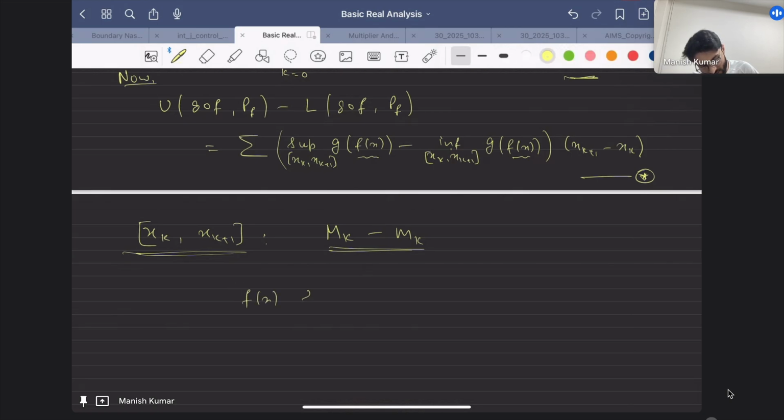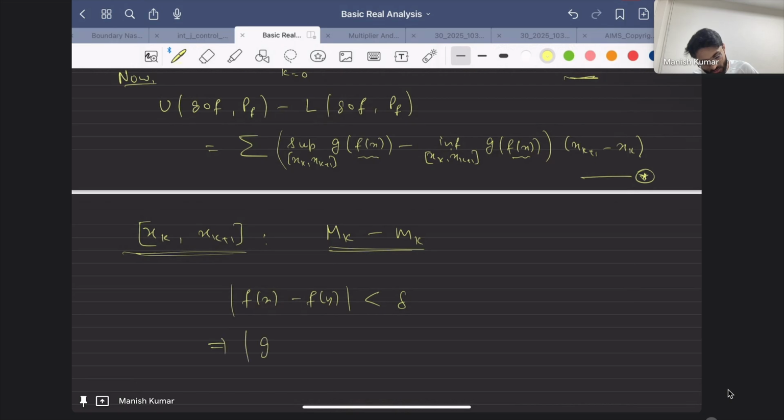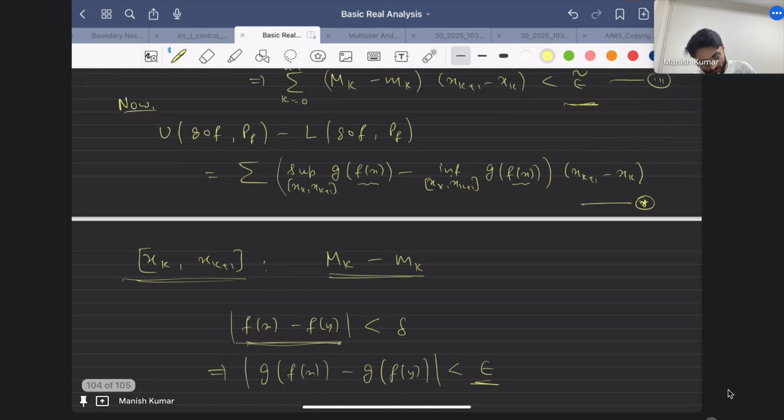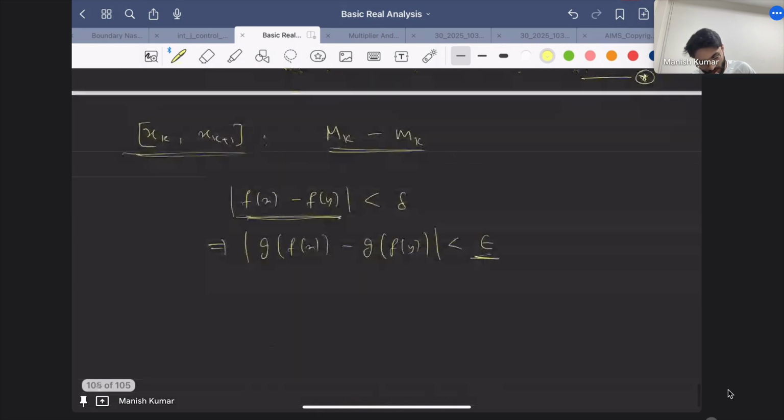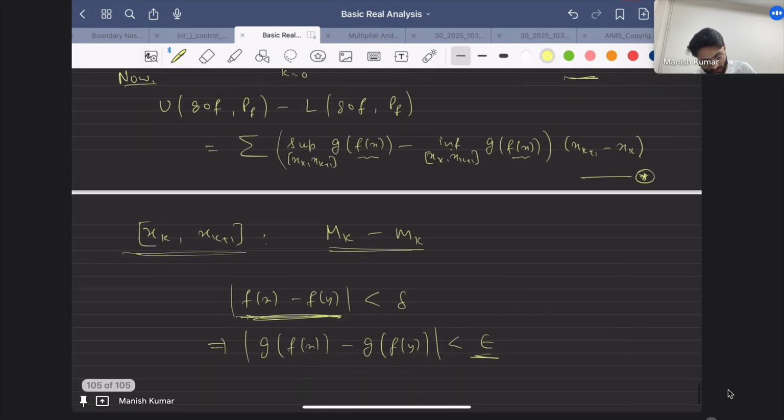I think I'll have to further refine the partition. f is not uniformly continuous, g is given to be uniformly continuous. So I can make this very small when this function difference is small. If I refine my partition further, then I can make this one very small, which will imply that this is also very small.